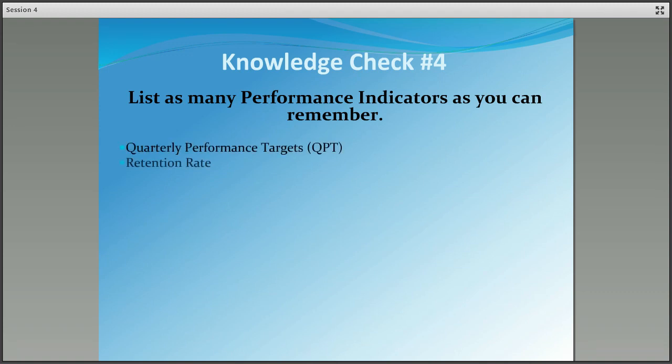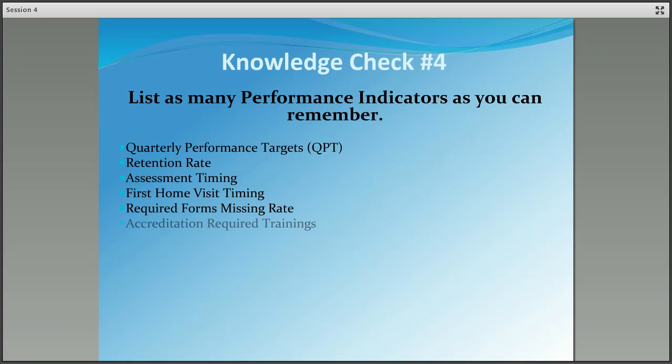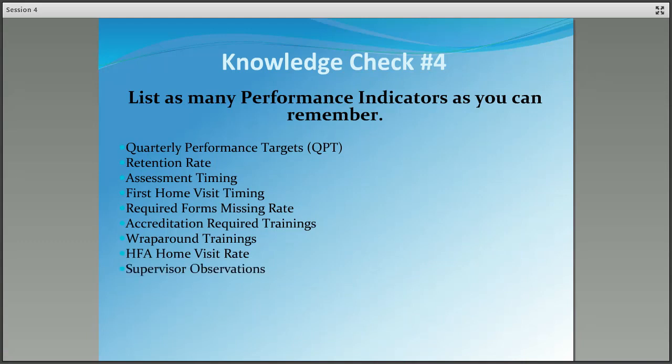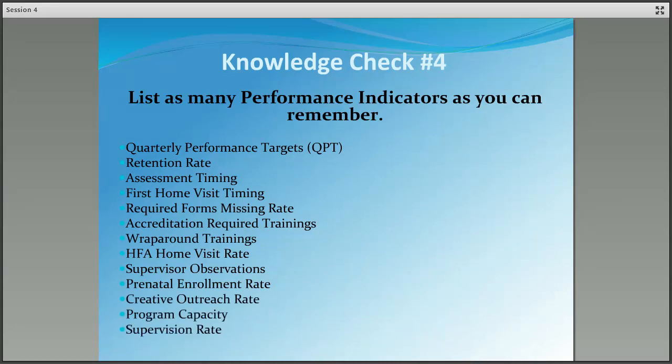Quarterly performance targets, retention rate, assessment timing, first home visit timing, required forms missing rate, accreditation required trainings, wraparound trainings, home visit rate, supervisor observations, prenatal enrollment rate, creative outreach rate, program capacity, and supervision rate.